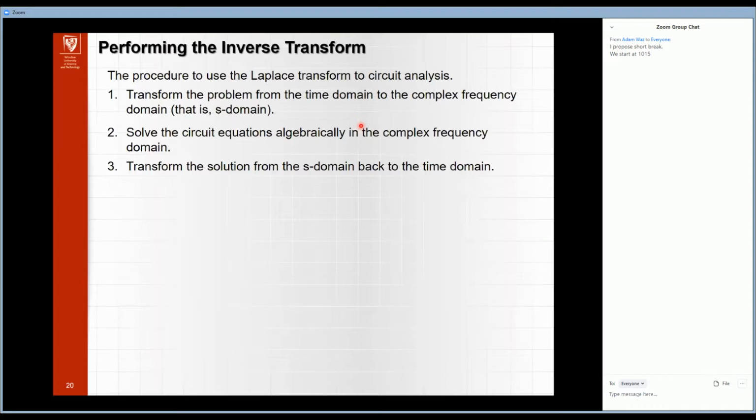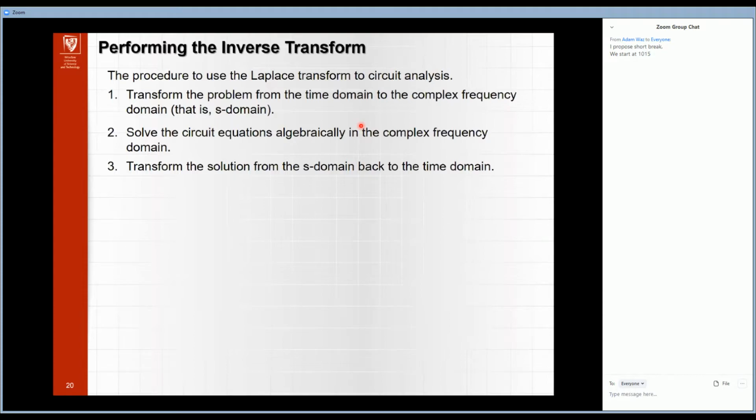Then solve the circuit equations algebraically in the complex frequency domain, and at the end we just transform the solution from the s domain back to the time domain. All lectures connected with how we can do this in electrical circuits will be next week.